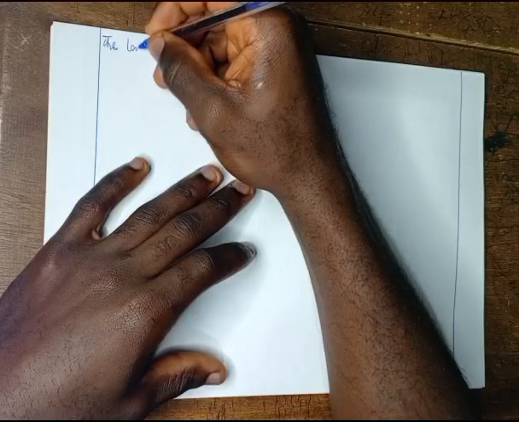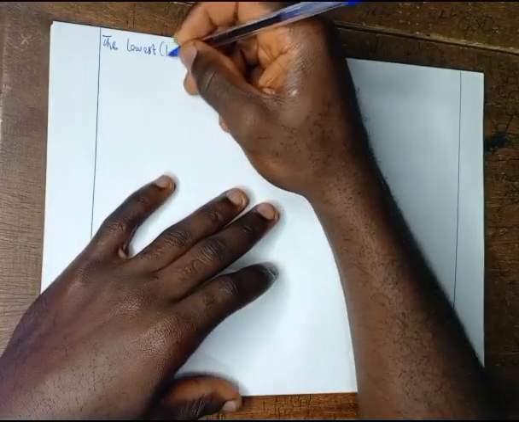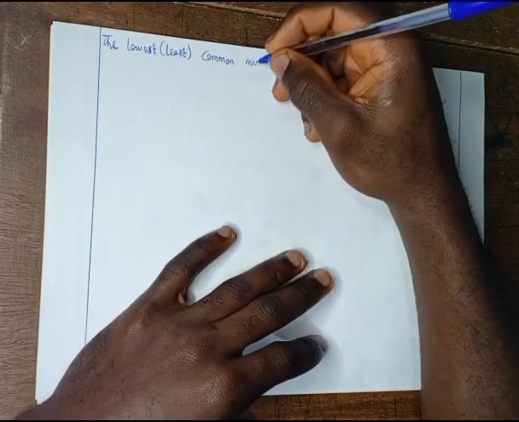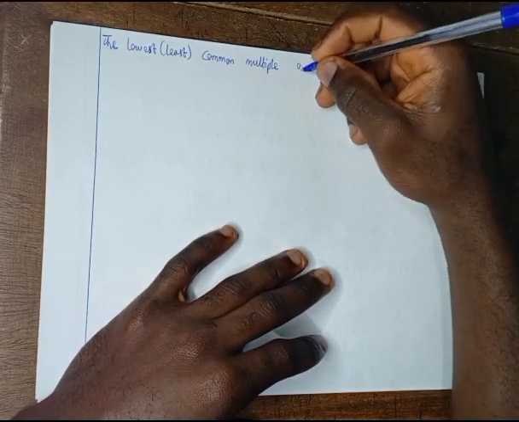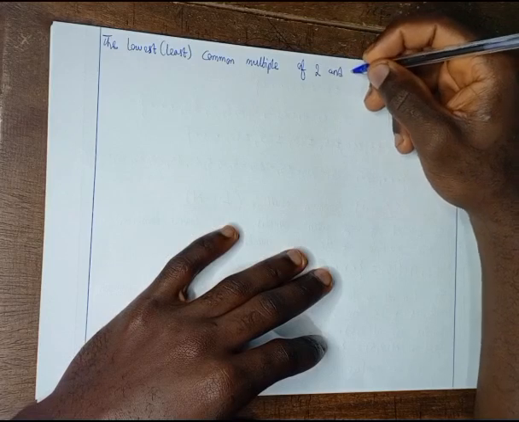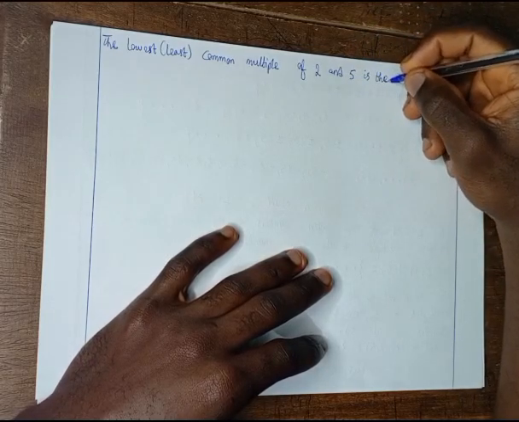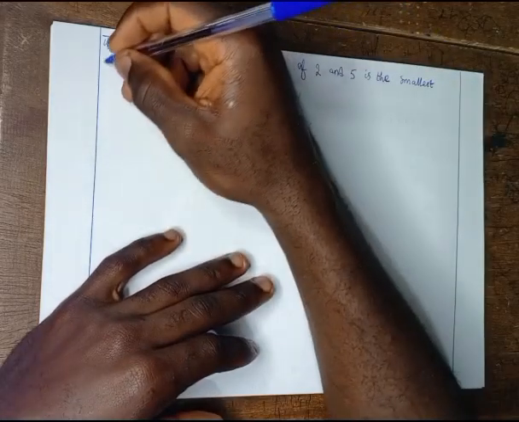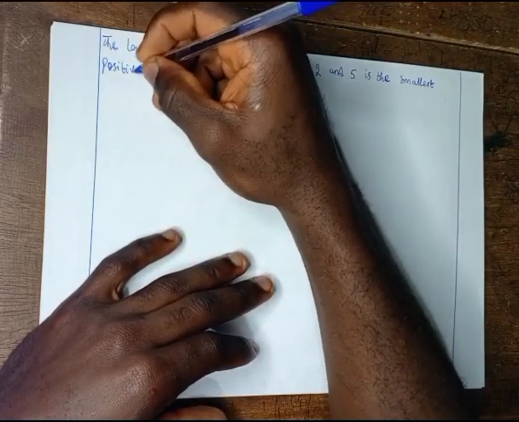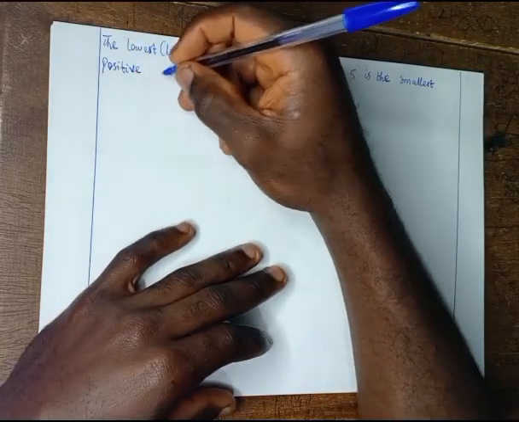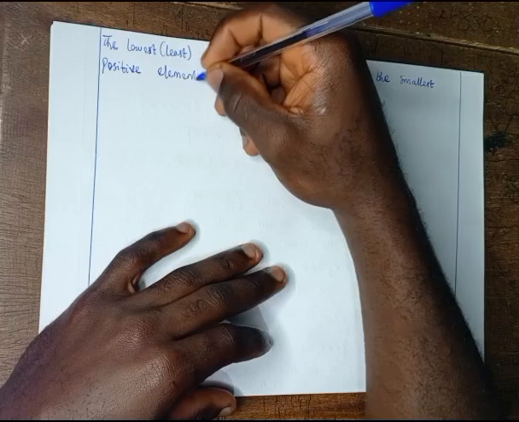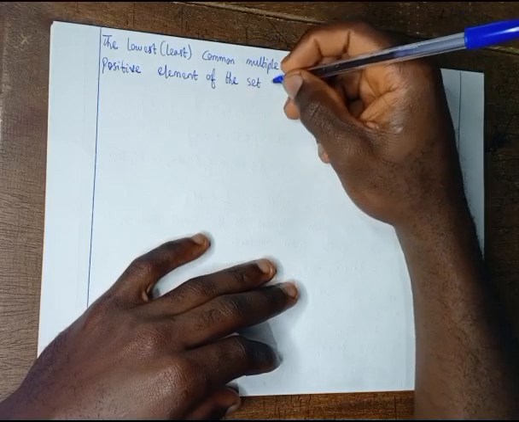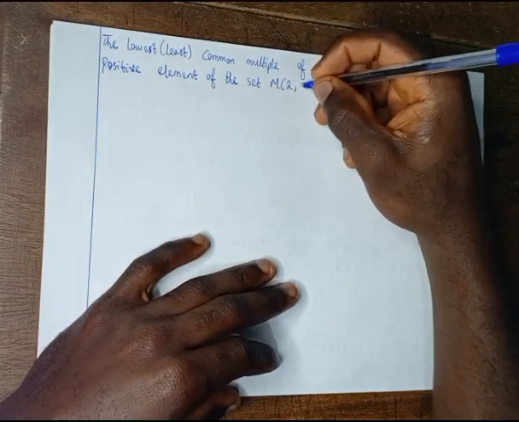The lowest, in bracket least, common multiple of 2 and 5 is the smallest positive element of the set M of 2 and 5.